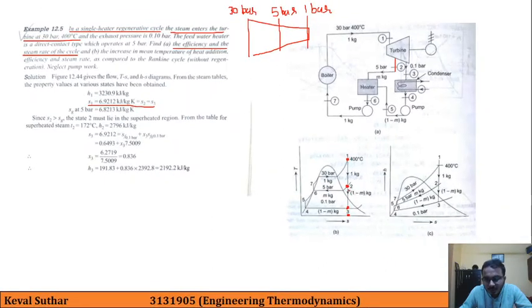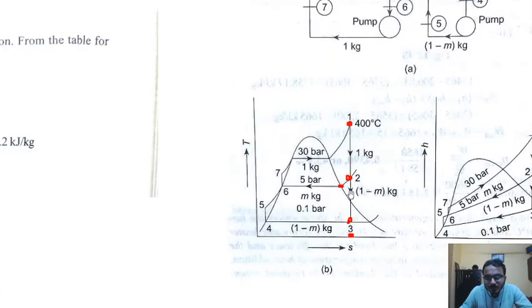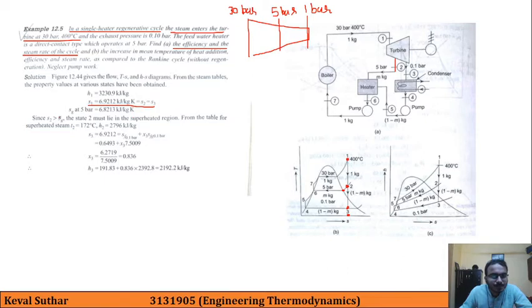So this is the value of entropy at saturated vapor. Our entropy value is slightly higher than that. So it is assured that state 2 will be in the superheated region. So here S2 is greater than SG, so the state 2 must lie in the superheated region.